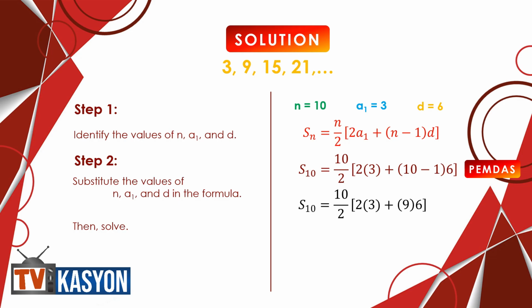Then 10 divided by 2 is 5. 2 times 3 is 6. 9 times 6 is 54. 6 plus 54 is 60. 5 times 60 is 300. Therefore, the sum of the first 10 terms of the arithmetic sequence 3, 9, 15, 21 is 300.